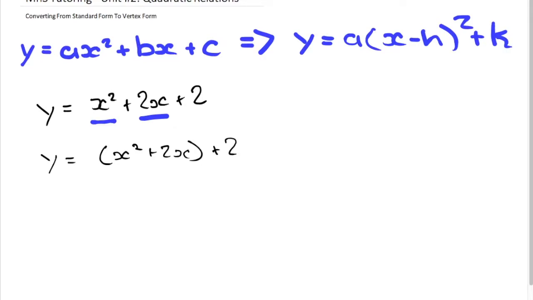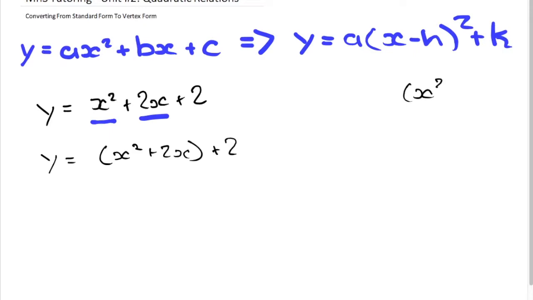Now, after you've grouped both the x terms, you have to factor out the x coefficient. What this means is you simply have to take out any coefficient of x squared if it's actually there. So in this case, the coefficient of the x squared term is 1, so you don't really need to take anything out. But if the coefficient of x squared was, let's say, 2, then you'd have to take that out of the bracket.